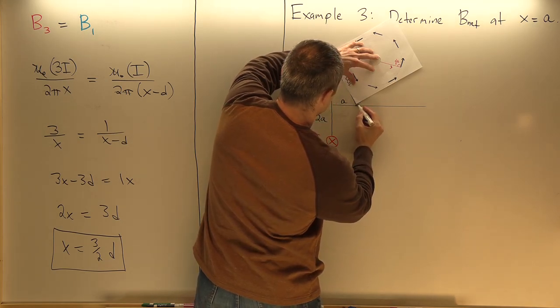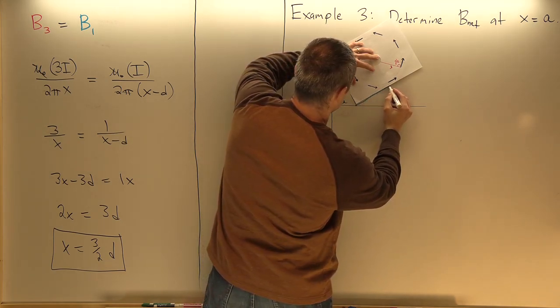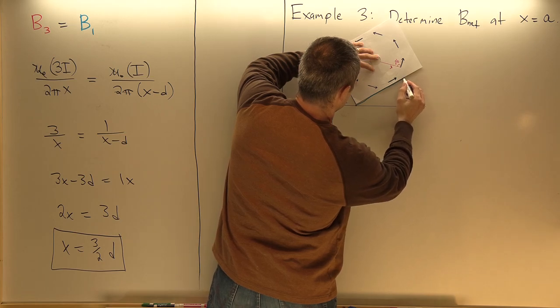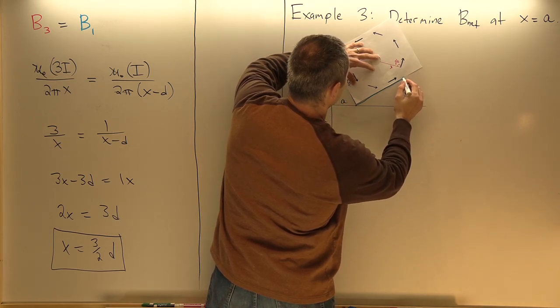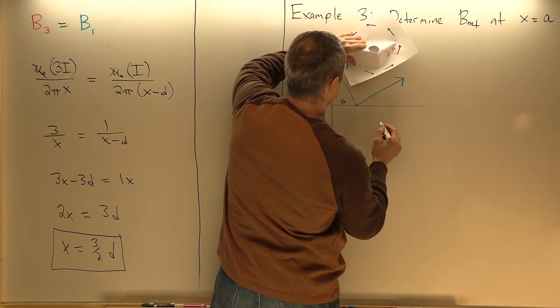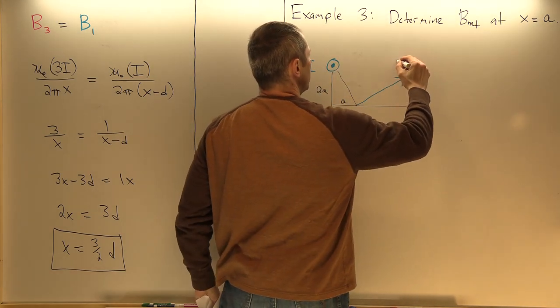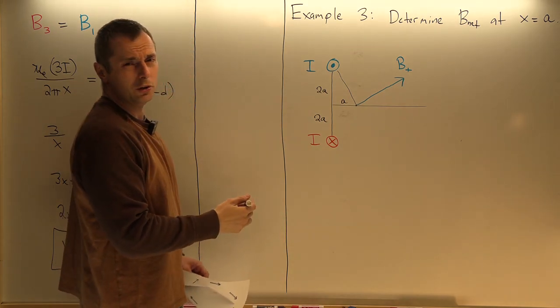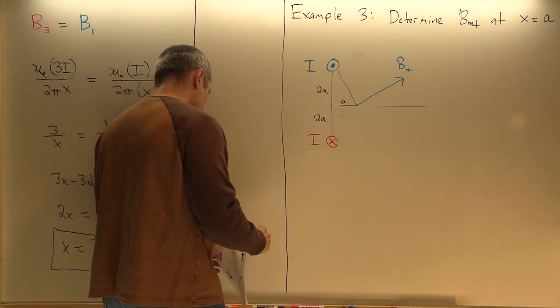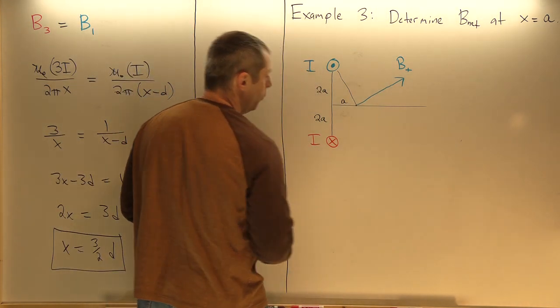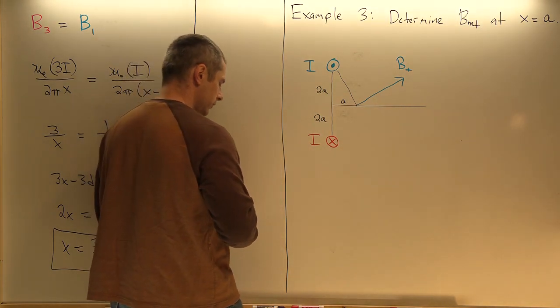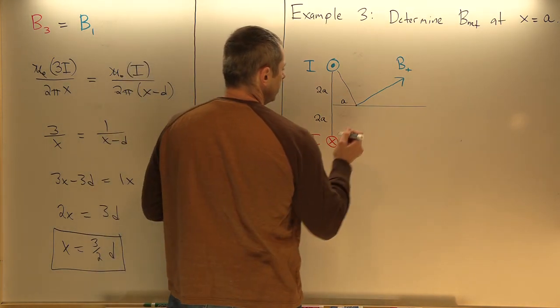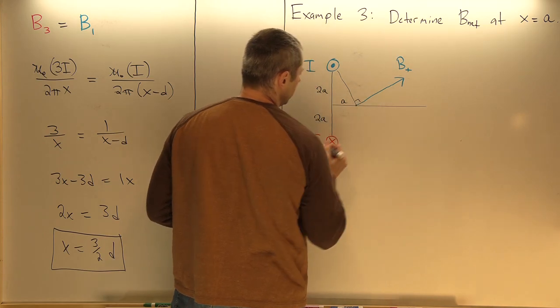And I'll draw it nice and long. So this is B for, let's say, positive coming out of the board. You could use B1, B2 if you want. So that's one of the magnetic field arrows. Again, this has to be perpendicular to the radius.